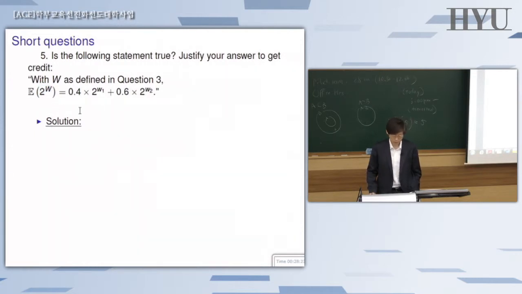And then the statement says that it's 0.4 times 2 to W1, so that's W1, plus 0.6 times 2 to W2, which is the second possibility. Now do the same thing. First determine whether this is true or false, and then justify either way.